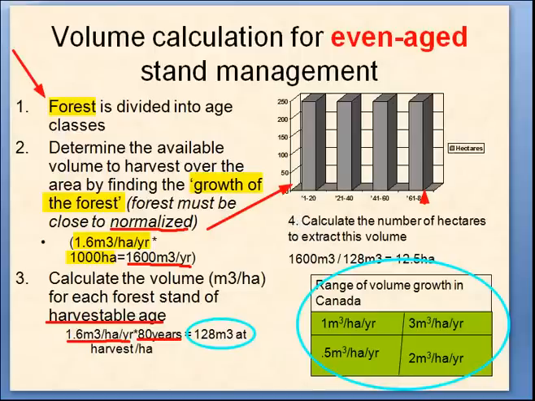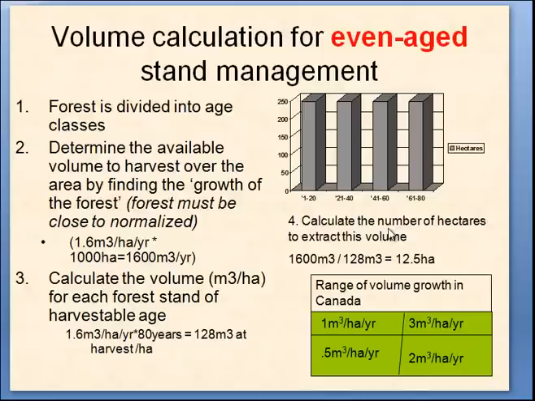Okay, so here we calculate the number of hectares. So let's pretend, how many hectares do we have? So here, how many hectares can we harvest on a sustainable basis? We know we have 1,600 meters cubed of growth per year over the whole forest.